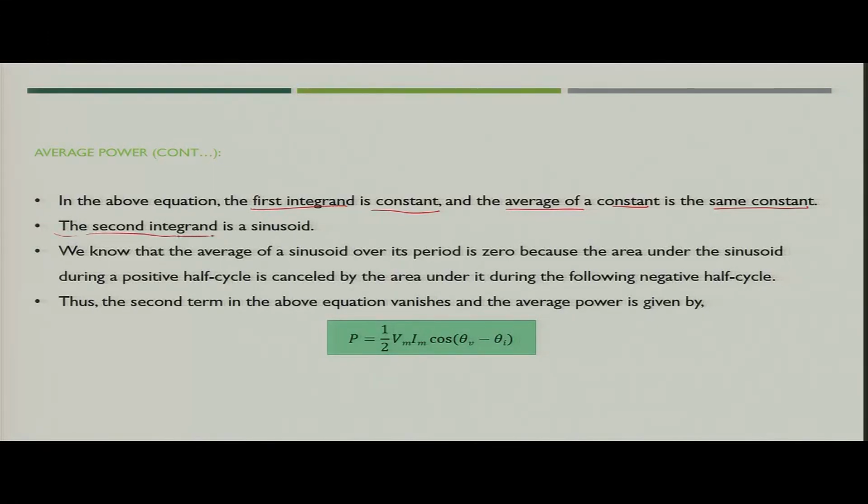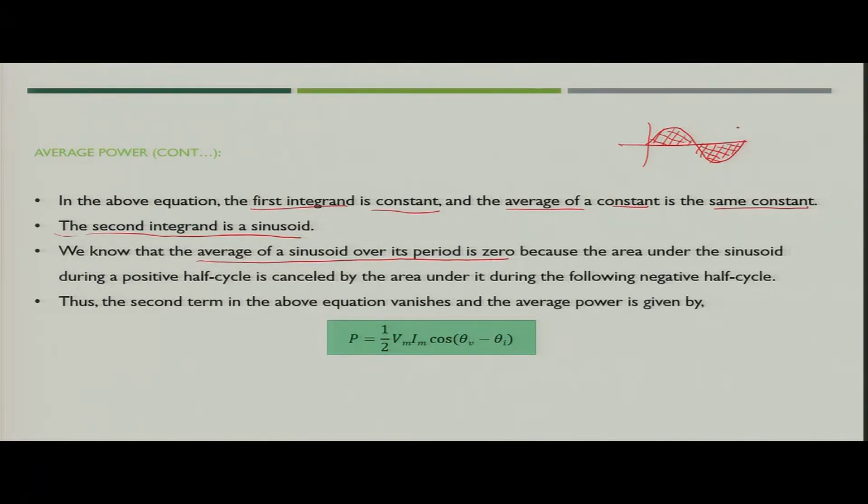But the second term is a sinusoid, and as we know, the average of a sinusoid over a time period is 0. How? If you see a particular sinusoid, the area under the positive side would be equal to the area below the x axis.